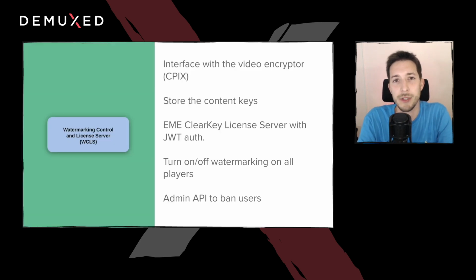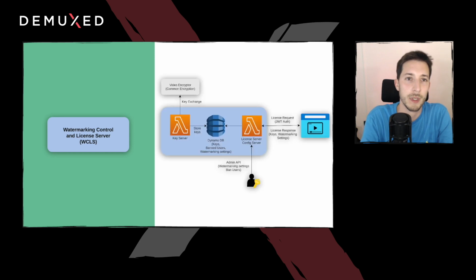The backend side of the system is responsible of the interface with the video encryptor using content protection information exchange format by the Dash Industry Forum, store the content keys, act as a clear key license server for authorized video players, turn on and off watermarking on all the video players, and be able to ban users using an admin API.